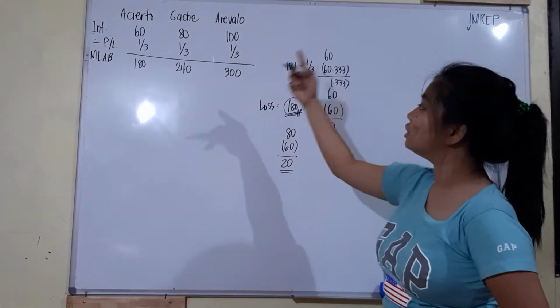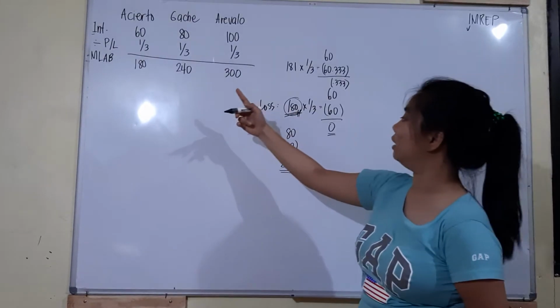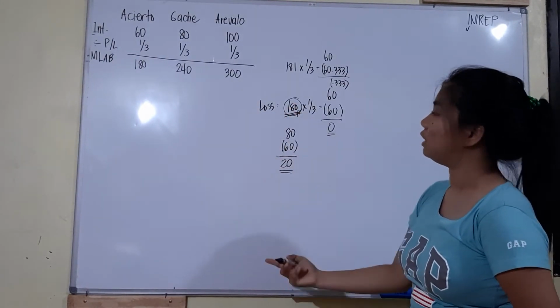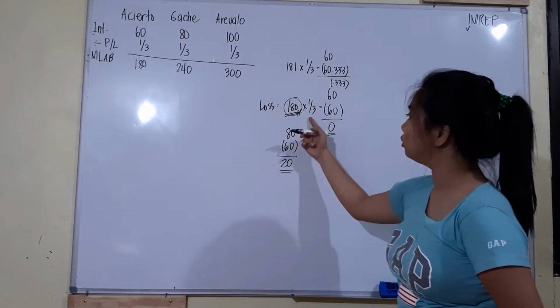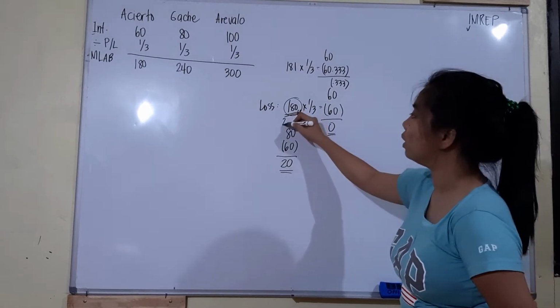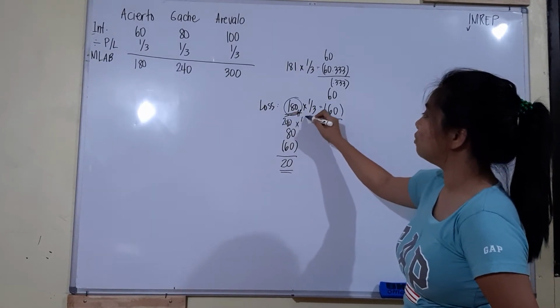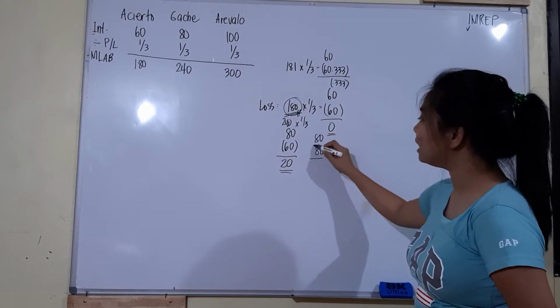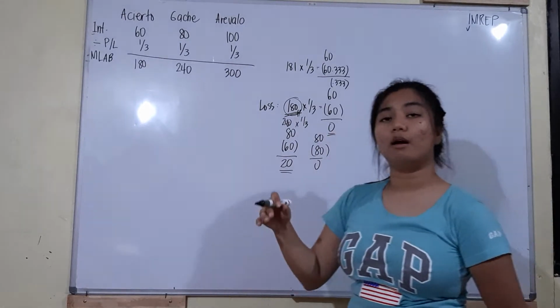So, for Gatche, ang kaya niyang i-absorb ay hanggang 240. Kaya kung makikita ninyo, kung nagkaroon lang ng loss na 180, and her share in the loss is 1/3, which is 60, so meron pa siyang positive na 20. But if the loss is 240 times 1/3, ibig sabihin ang share niya sa loss ay 80, ibig sabihin kaya niya pa rin i-absorb. Kaya lang, wala nang matitira.